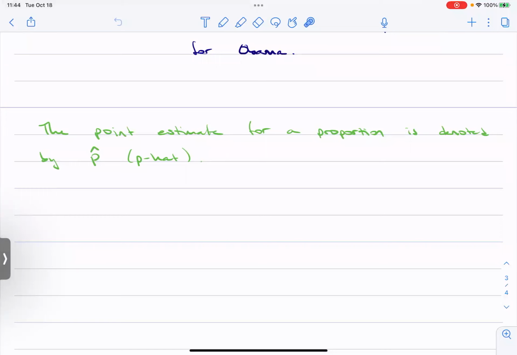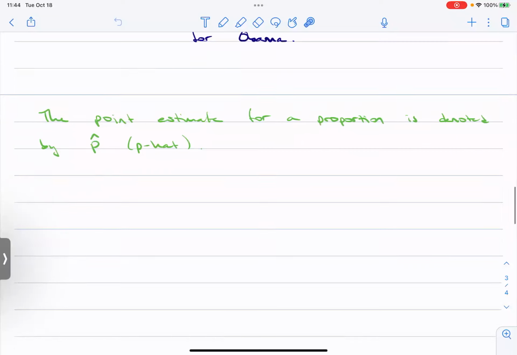Like this book. All right, so p-hat. P-hat is going to be the notation that we use for a sample proportion.